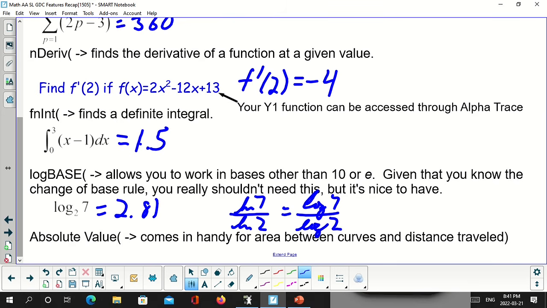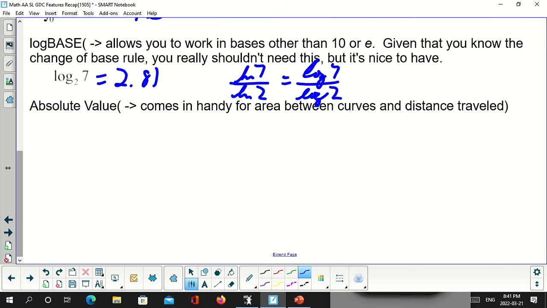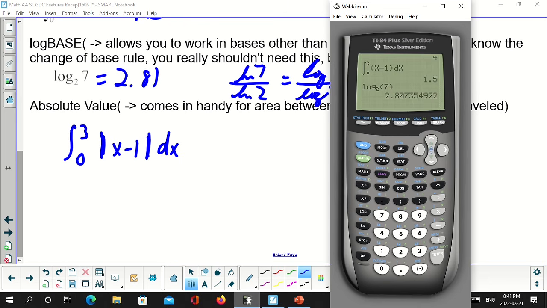The last little piece here that might come in handy is absolute value, especially when you're talking about area between curves and distance traveled. So let's say I wanted the same kind of integral as before, but with some absolute value signs. So the absolute value of x minus 1. I can go alpha, window, I'll get that definite integral by pressing 4, and I'll tell it from 0 to 3.